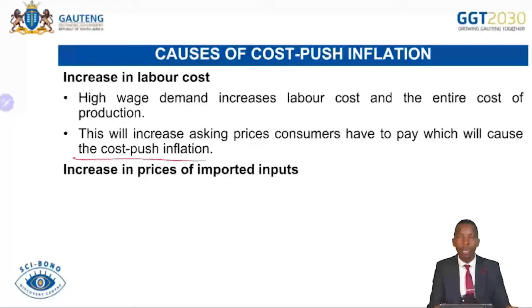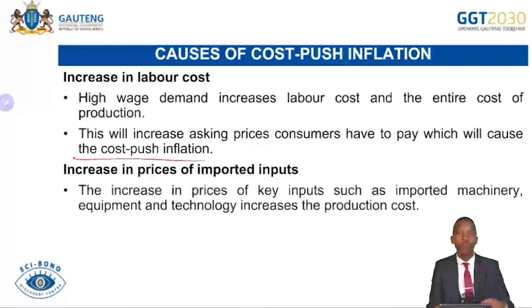Increase in price of imported inputs. So in this case, we talk about if ever machines, the technology, and other equipment are very much expensive, or they're imported at a higher cost from other countries. That will mean that those goods being imported as capital goods will make it very much expensive to produce in South Africa, because they are also very much expensive.